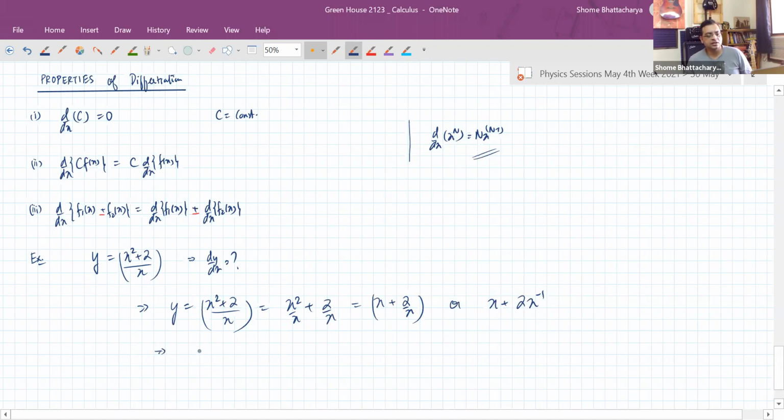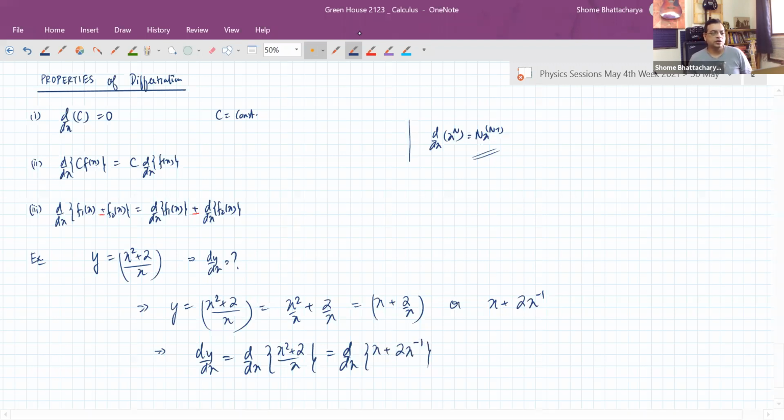So now the next thing, differentiation of y with respect to x will become differentiation of this function, but we have reduced it to this. Now you can see that it is the sum of two terms, this and this. So we will use this third property over here.